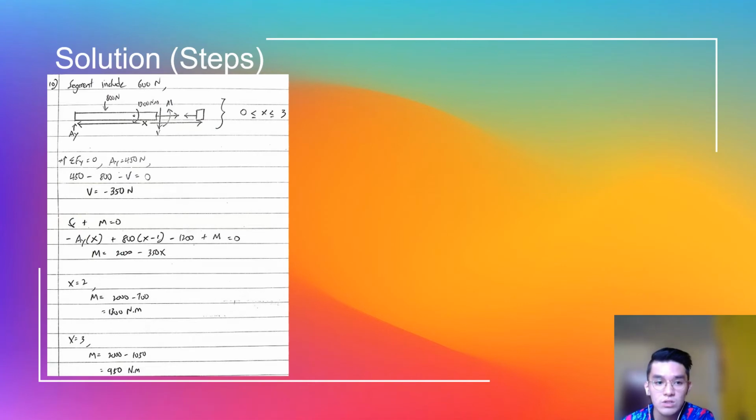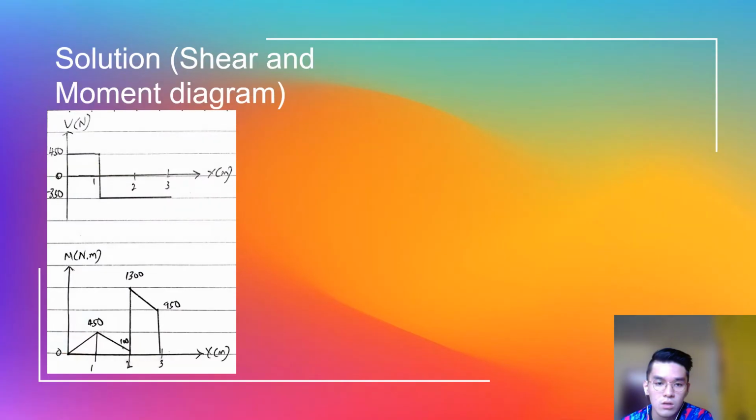For the segment which includes 600 Newton, we found that the moment at point s equal to 2 was 1300 Newton meter, and at point s equal to 3, the moment was 950 Newton meter. These are the shear and moment diagrams for the segment which includes 600 Newton.